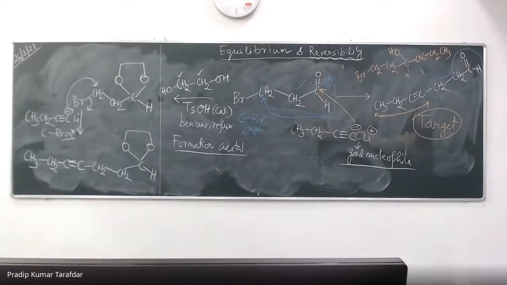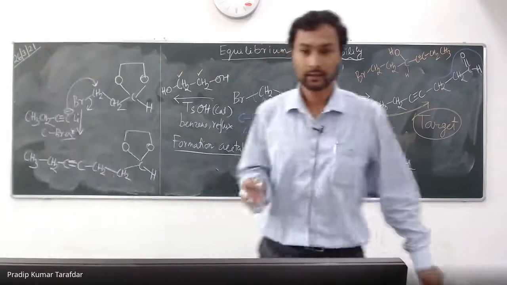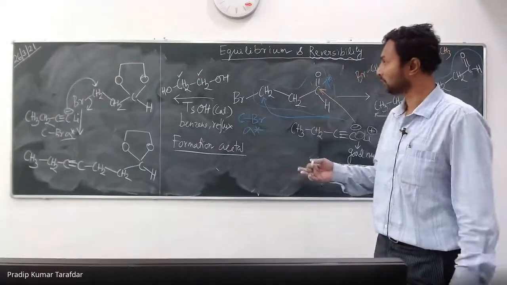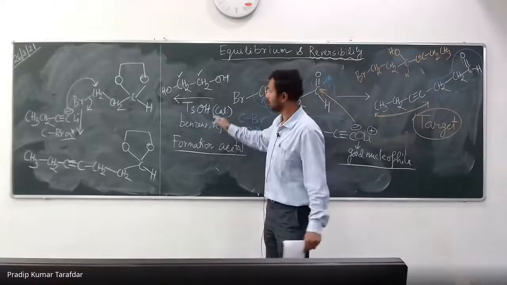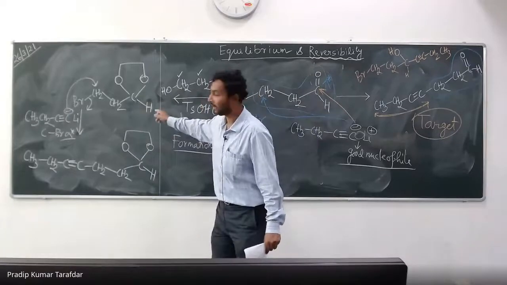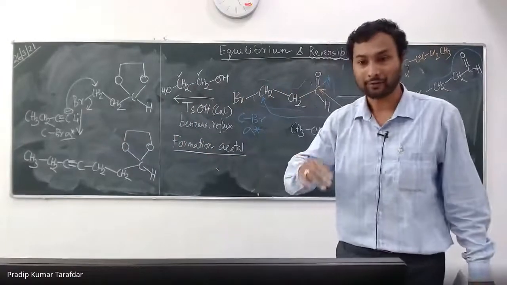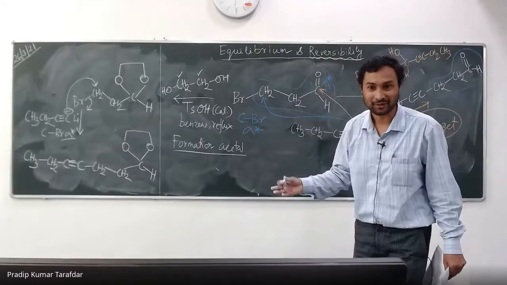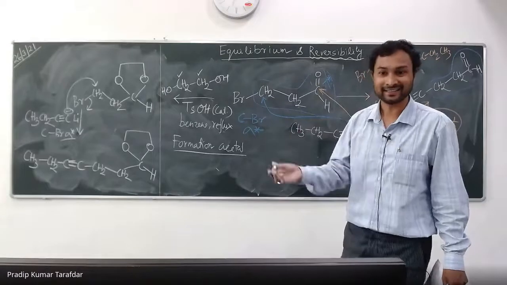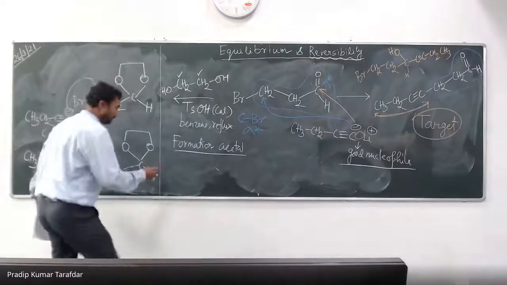Now that same acetal chemistry concept I will use, because I know I can form acetal. After formation of acetal, I have performed my reaction. Now I can also decompose my acetal in presence of aqueous HCl. So this is the beauty.